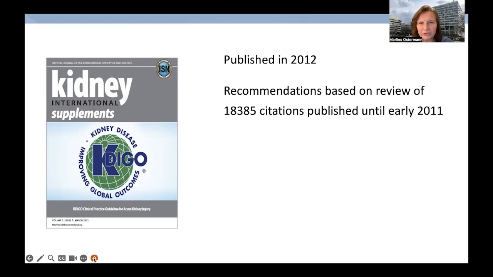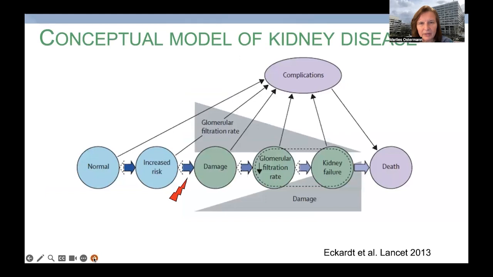Our current definition of acute kidney injury is based on the criteria as agreed in 2012. And the definition incorporates this model of kidney disease as displayed here. Essentially, following a nephrotoxic insult, kidney damage occurs, followed by a fall in glomerular filtration and a reduction in kidney function.